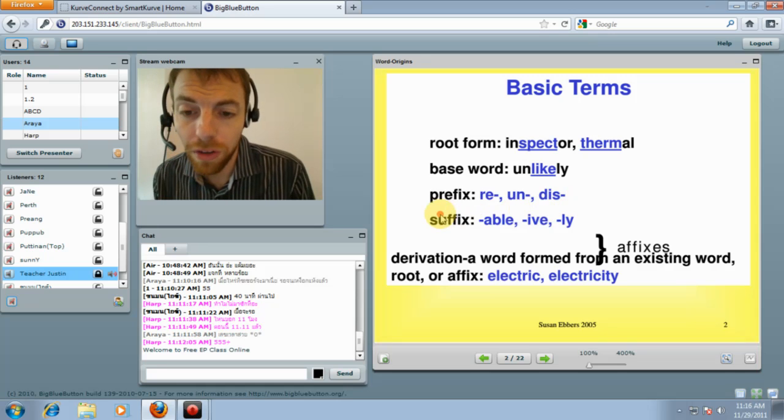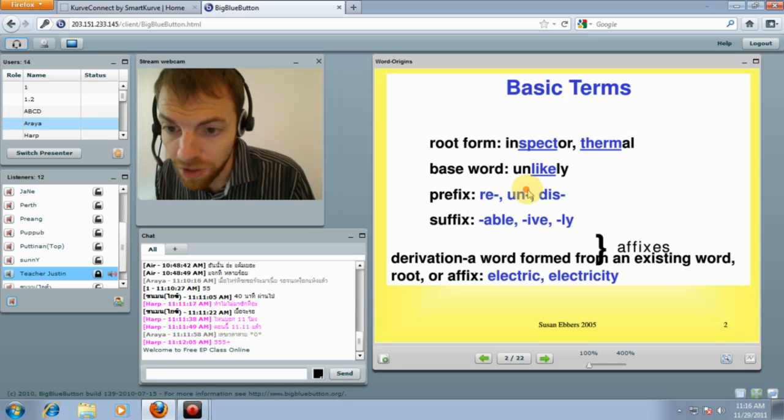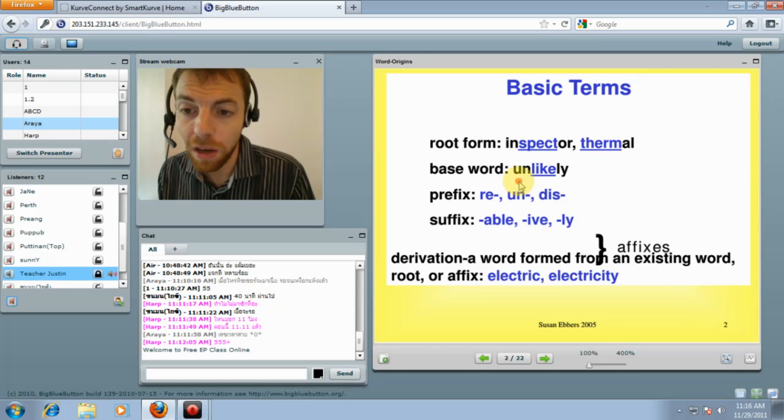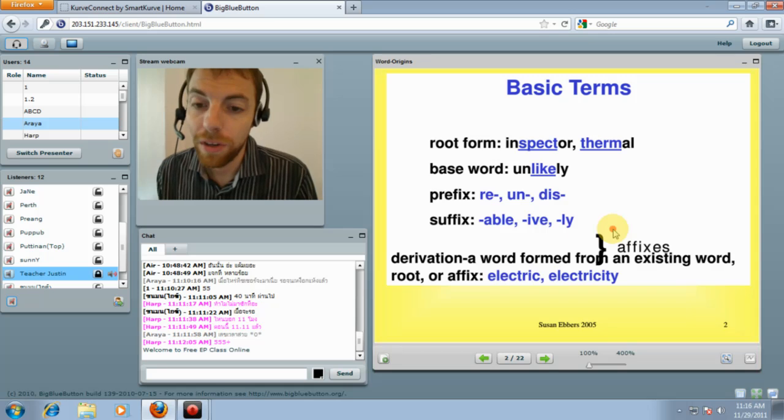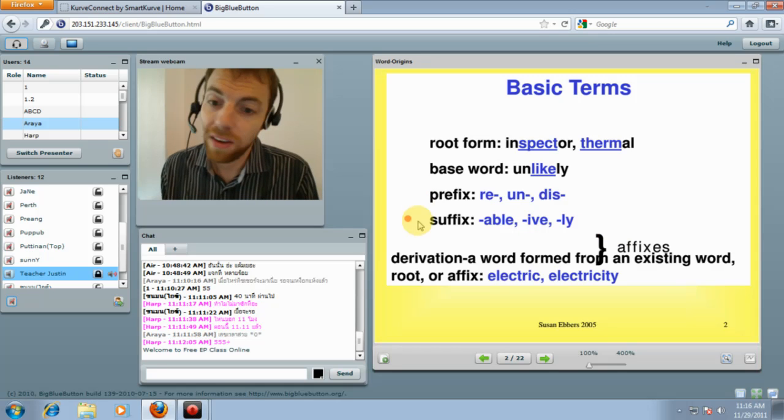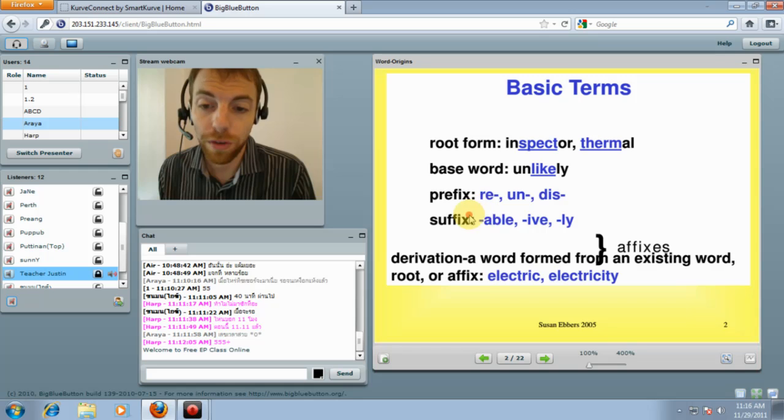also we learned a little bit before about prefix, which is something that comes in the beginning of a word, and suffix, something that comes at the end of a word. Now a prefix and a suffix, these are not words. These are only parts of a word.